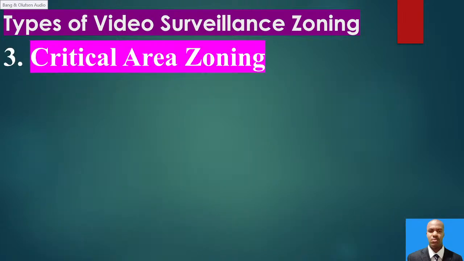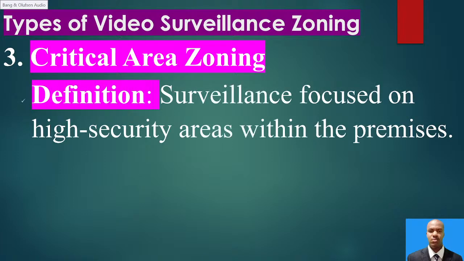Then the third type of video surveillance zoning is critical area zoning, and this is surveillance focused on highly sensitive security areas within the premises. For example, let's say people who do fruit farming.